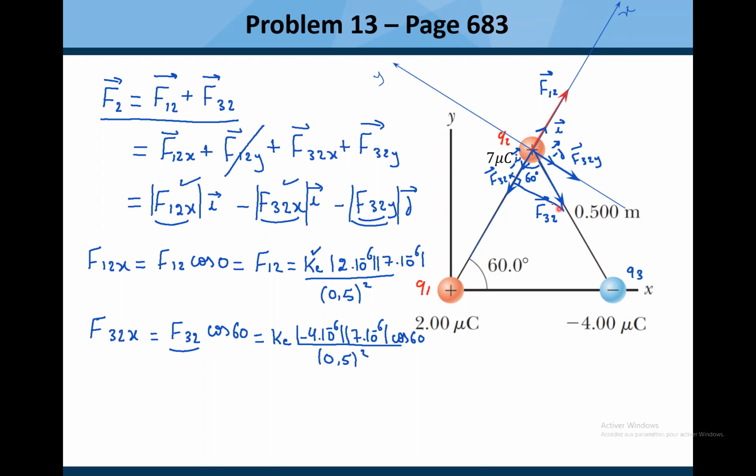To calculate this one, you have to use sine 60 equals F32y over F32.